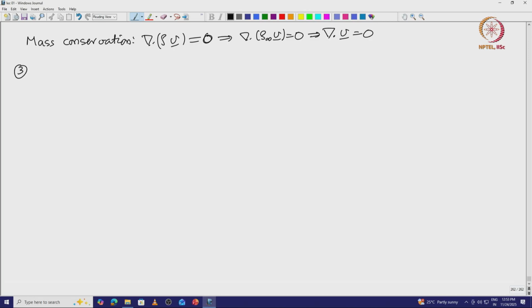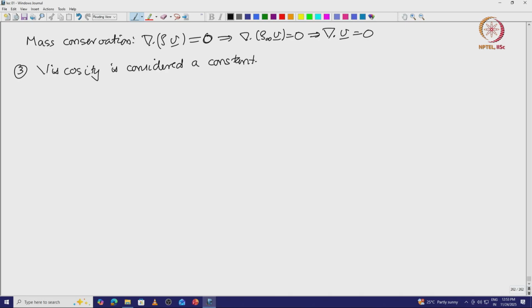And the third approximation is that the viscosity is considered a constant. That is, you do not include the temperature variation of viscosity in the Navier-Stokes equations.